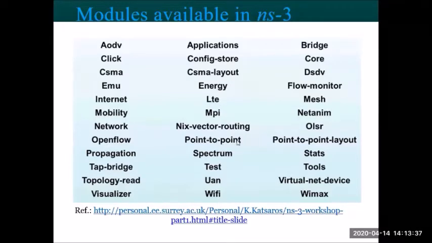Wi-Fi module, point-to-point communication module, LTE, then config store, core module, DSDV. There are a variety of application modules available. Remember, all this is written by the users. So I told you this is open source. Anybody can contribute to this. There are many modules which are still not available, especially something related to security.